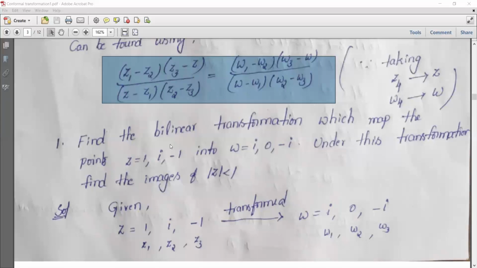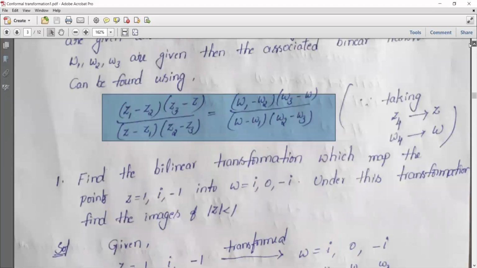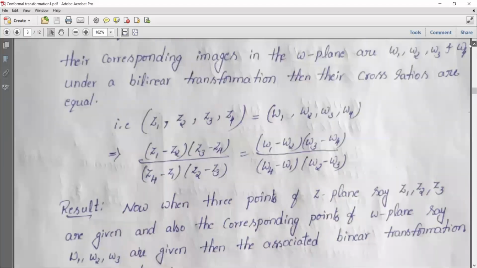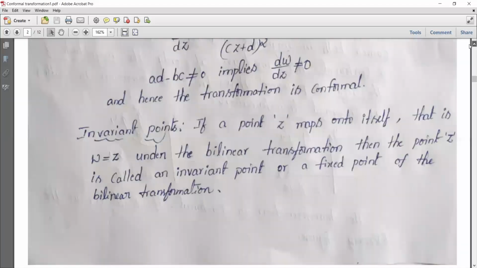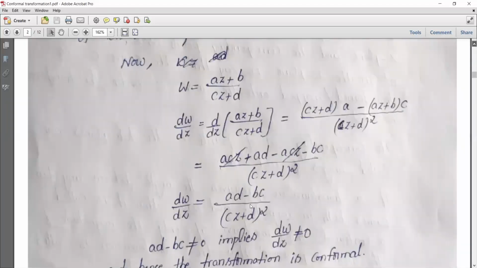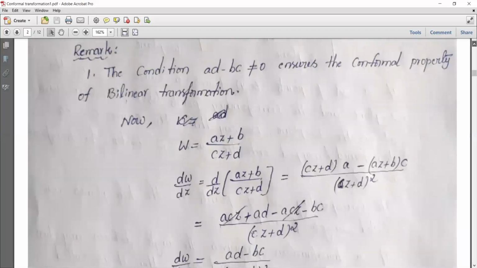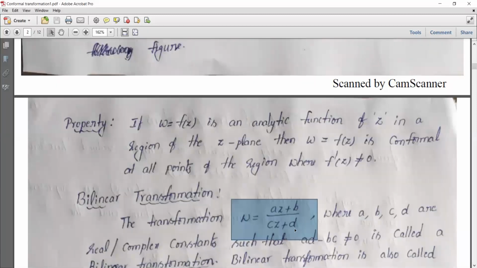So what is our question? Find the bilinear transformation. The basic definition is W is equal to (AZ plus B) by (CZ plus D).